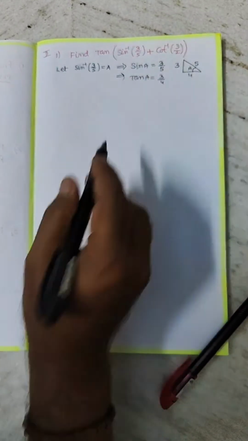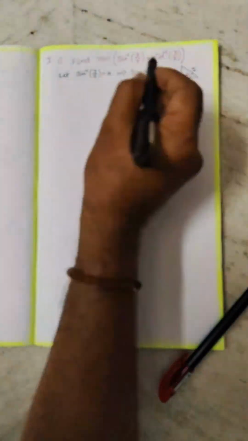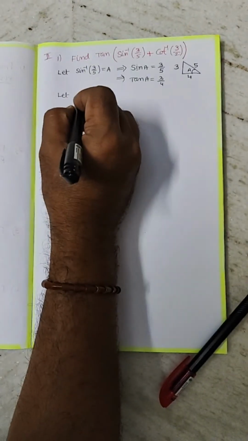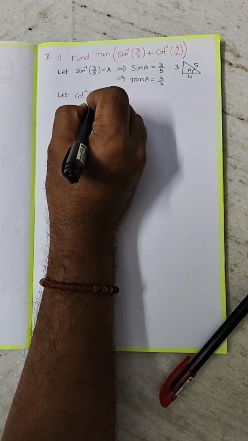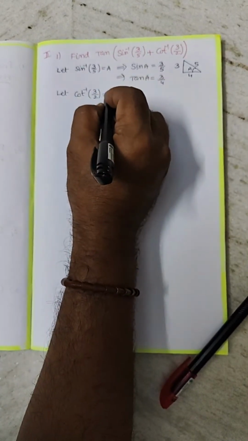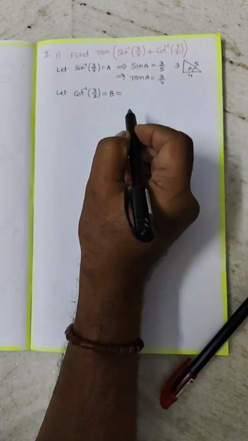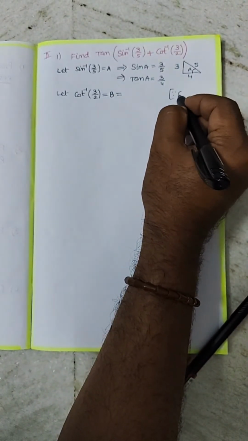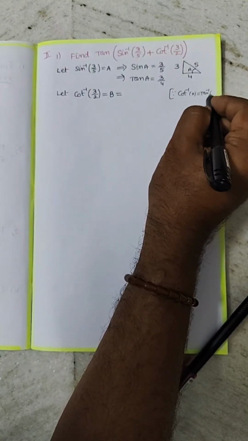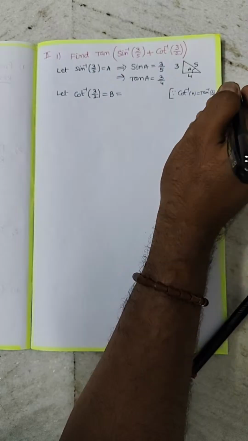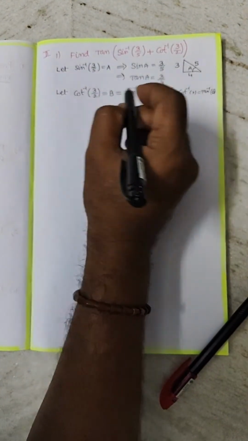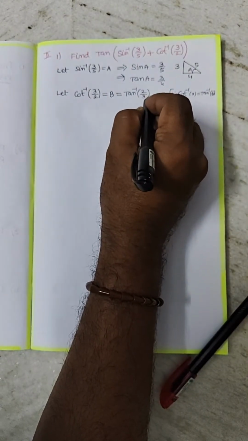Okay dear students. Next, the second one, let cot inverse of 3 by 2 be equal to B. We have the formula cot inverse of x is equal to tan inverse of 1 by x. So by using this, tan inverse of 1 by 3 by 2, is it equal to 2 by 3 or not, dear students?